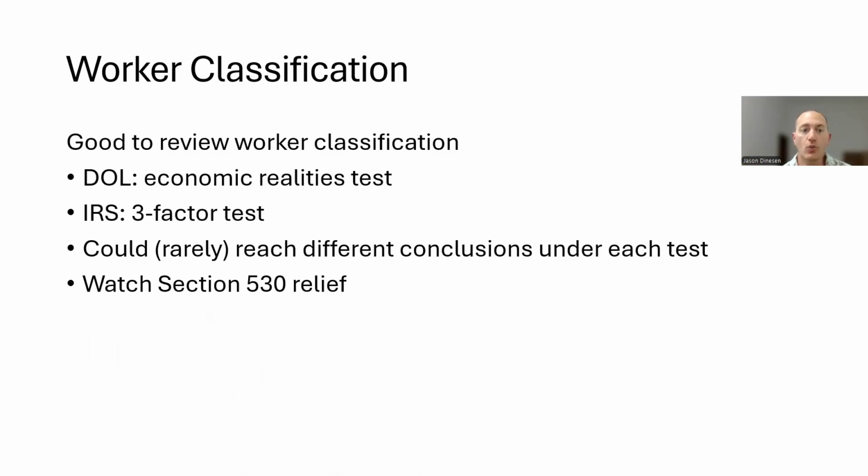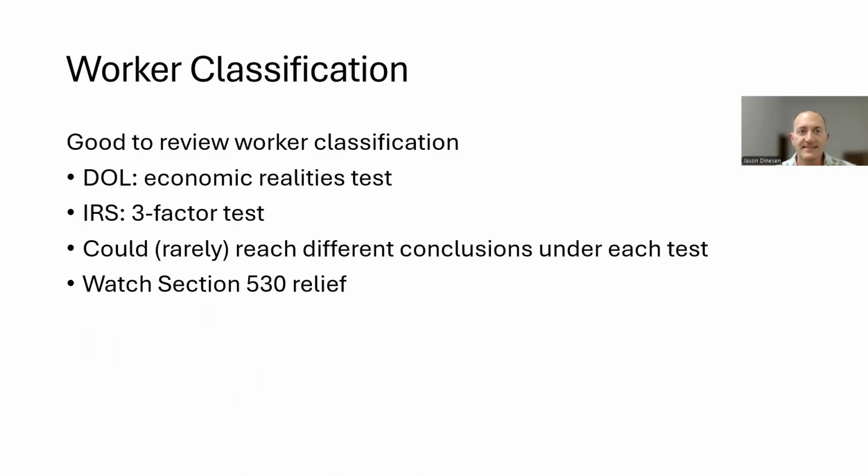And I think also watching Section 530 relief. Section 530 is something that is unique to IRS worker classification audits, where if you get audited, you can try to get what's called Section 530 relief, where the IRS will not reclassify contractors to employees, even if they probably are employees.